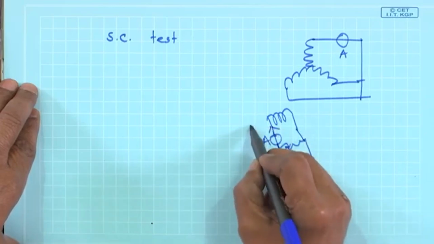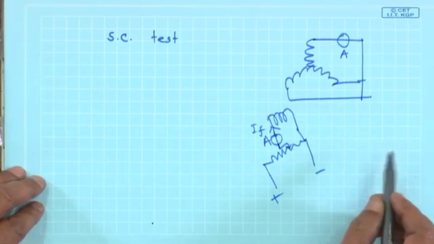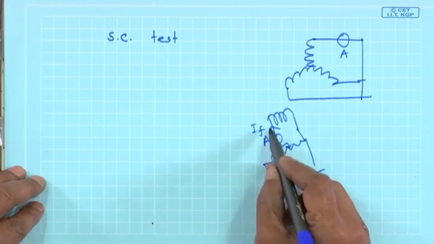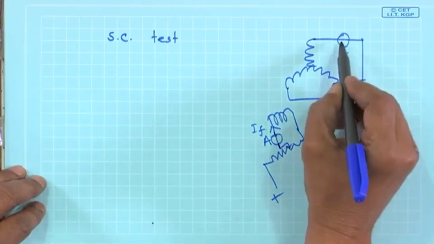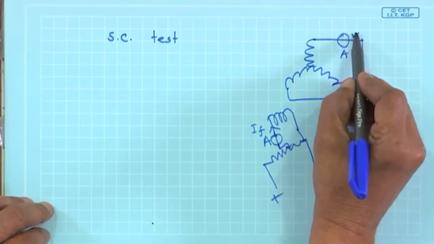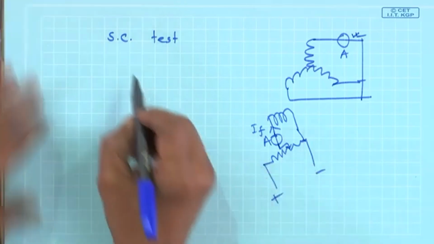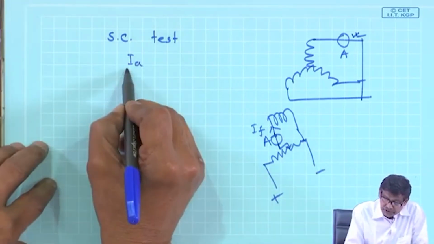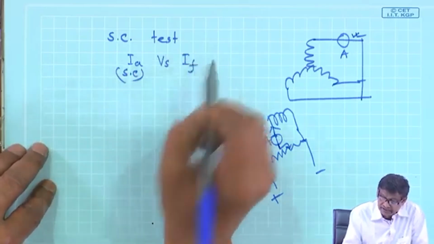This is your IF. In the short circuit test, you increase the field current from zero value, and you know the rated current of the machine. Therefore, go up to the rated current, or maybe 10% higher than the rated current, and sketch the short circuit armature current versus field current.